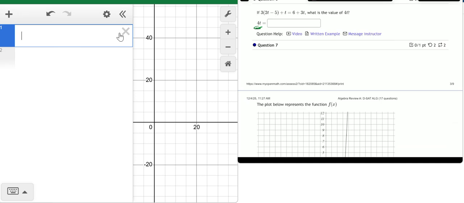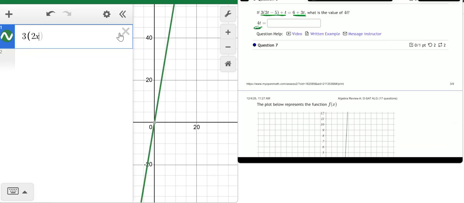I just want to show you, you can still do this with Desmos. On Desmos, if you write each side of an equation as a separate function, and then just look at where those two lines intersect, that gives you your solution point. So I can find what t is by typing 3 times, remember you have to change everything into x.